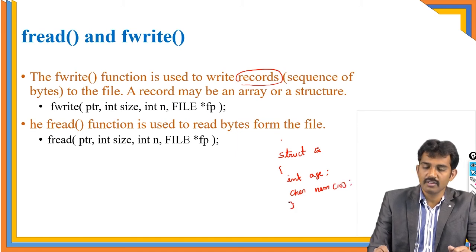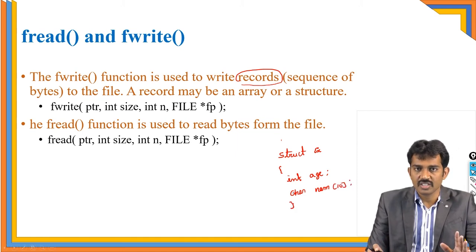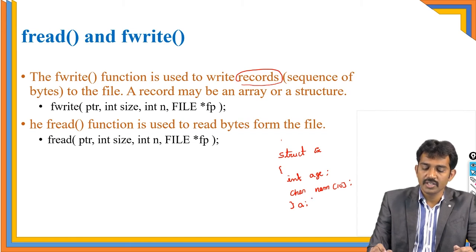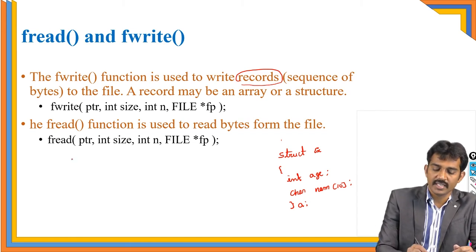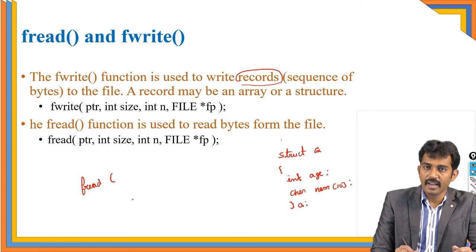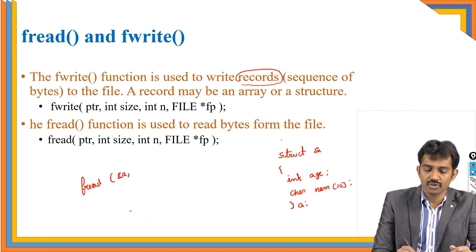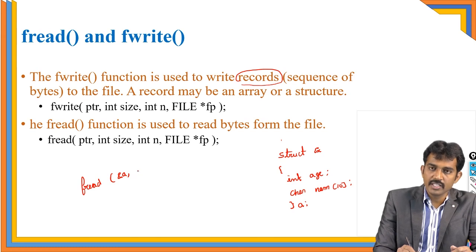For example, this is your structure. If you want to write this structure into the file, and A is a structure, then you just use this one here. See, fread of, for example, if you want to read, fread of ampersand A, the address, you should take ampersand A, then the size of that one. So what is the size of that one?